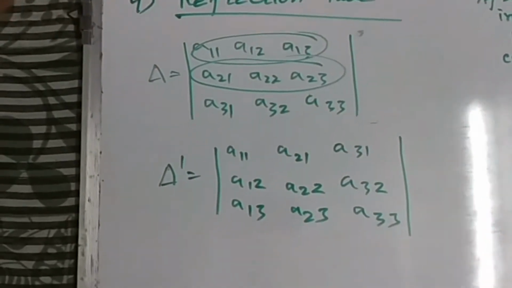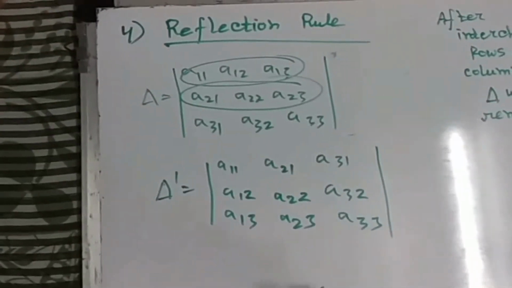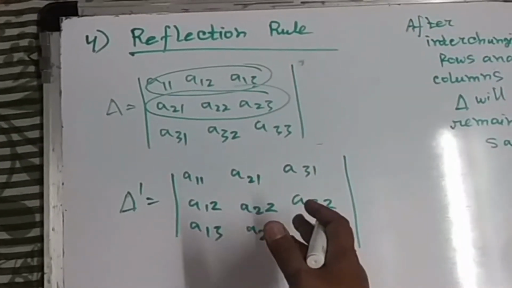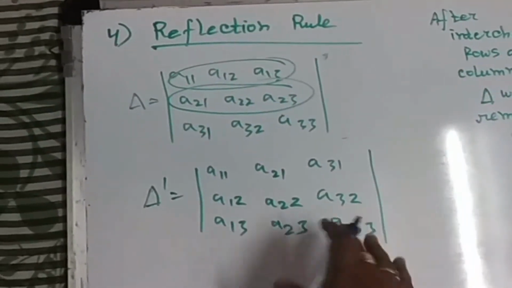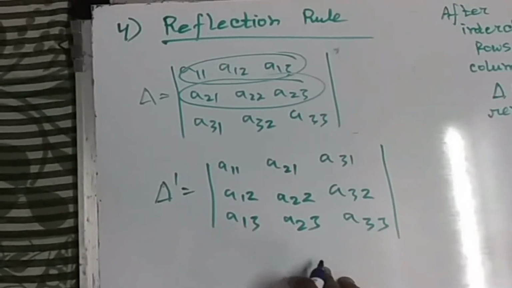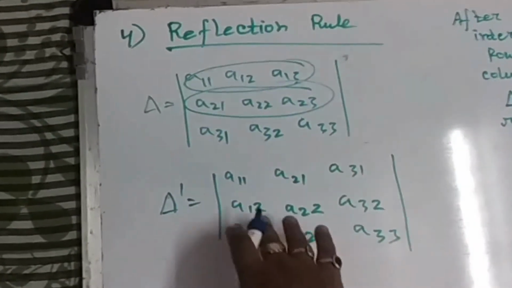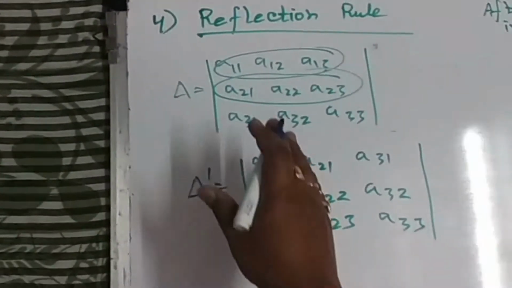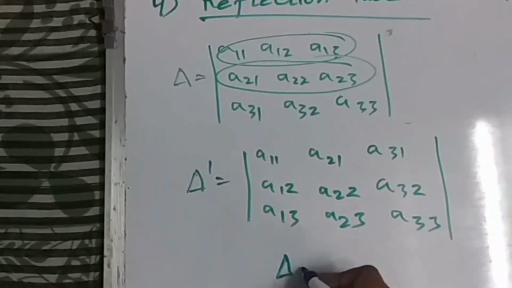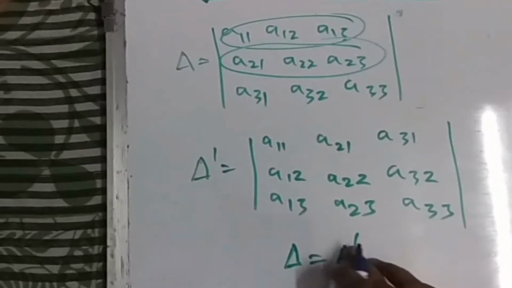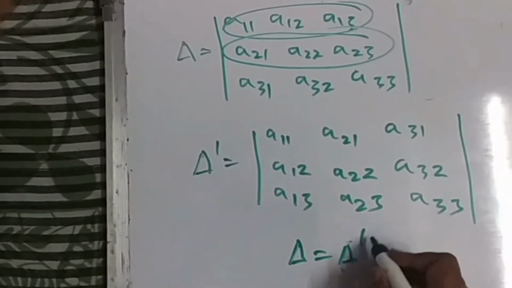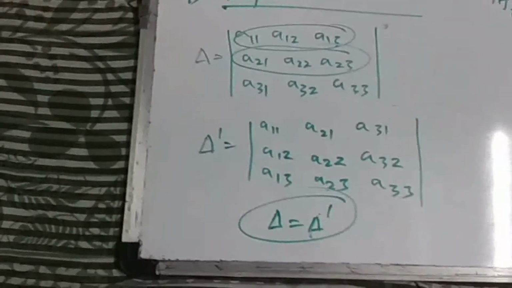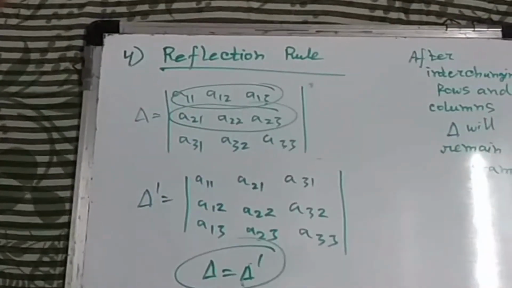Actually, if you take any determinant, your choice, whatever number you want, you can place. I have written it position wise. Here also you will see del and del dash, both values are same. So after interchanging rows and columns, the value will be same.